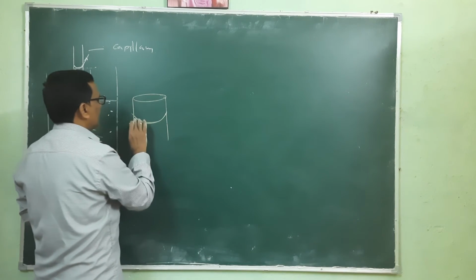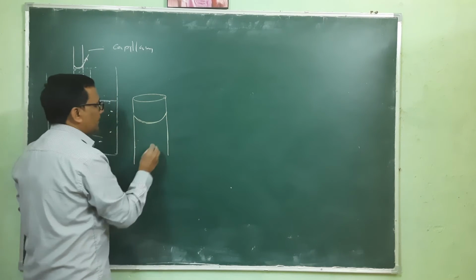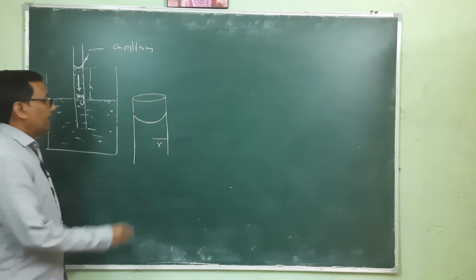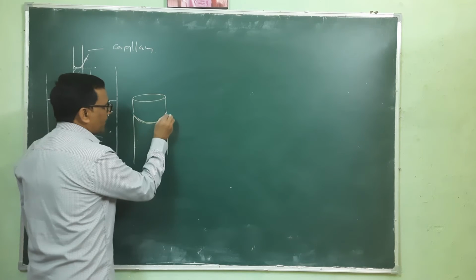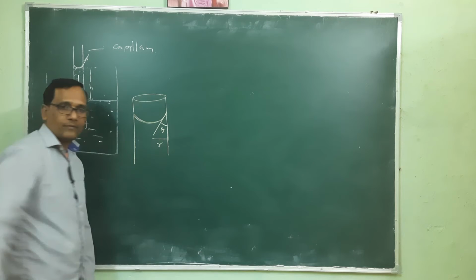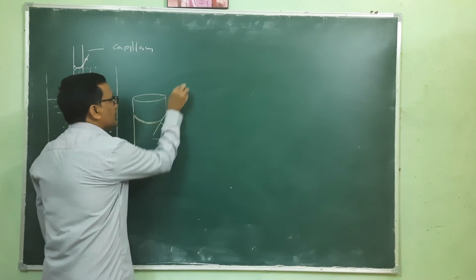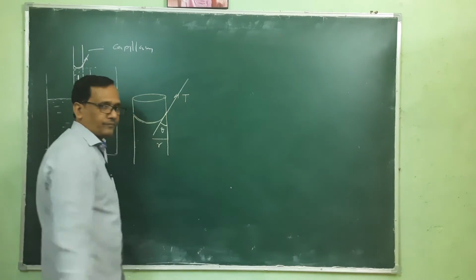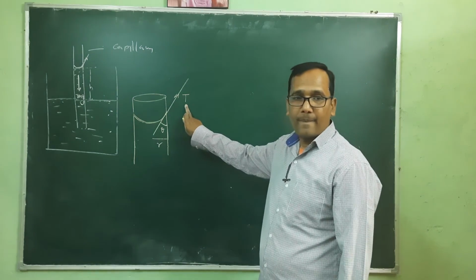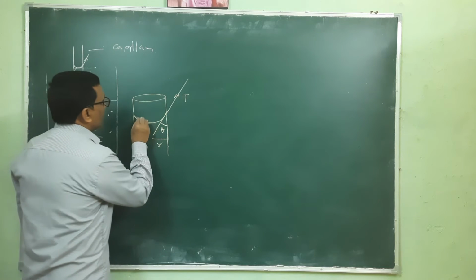Let the radius of this tube be R, and this is the angle of contact, which we have just discussed. This is the direction of the surface tension.